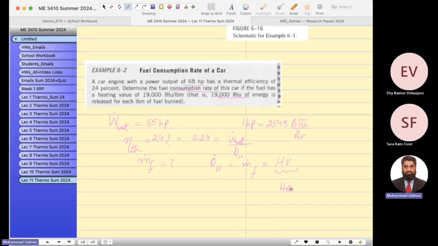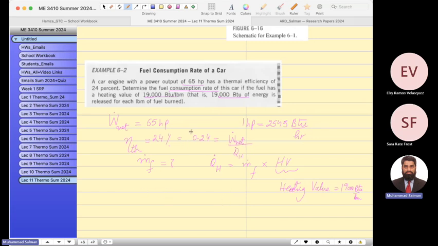HV, guys, is known as heating value. Every fuel like gasoline has its heating value, like diesel has its own heating value, and the heating value for gasoline or for this fuel is 19,000 BTUs per pound mass. So if you burn 1 pound mass, you generate 19,000 BTUs.